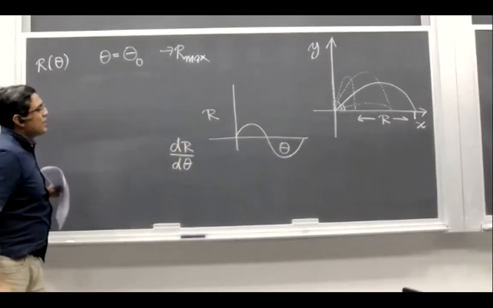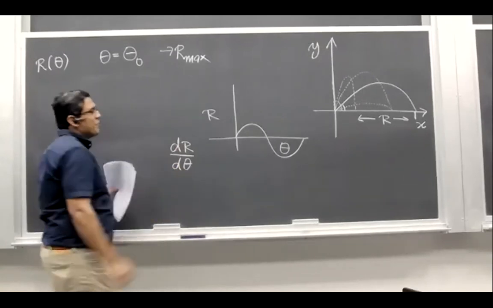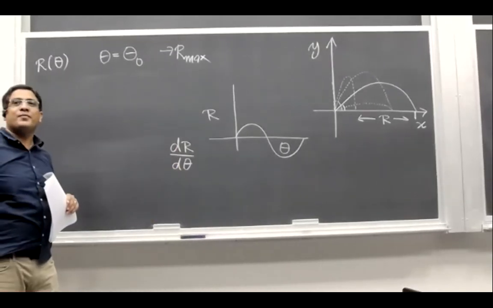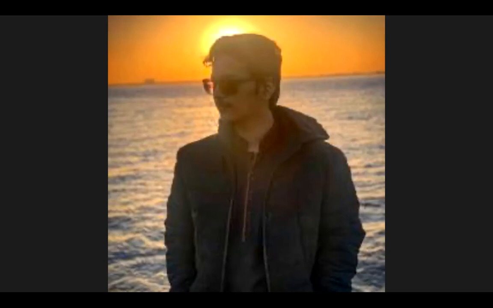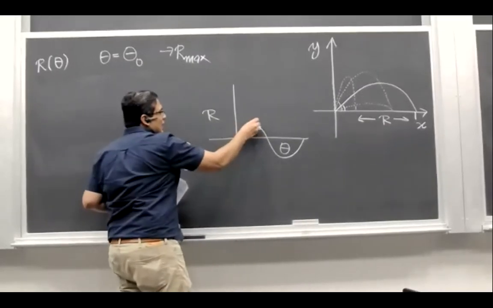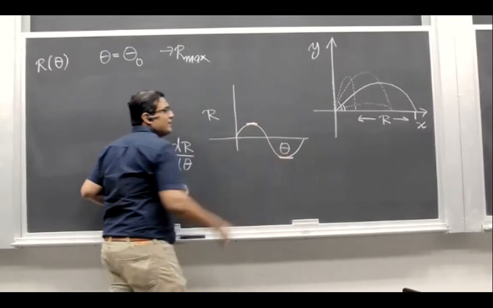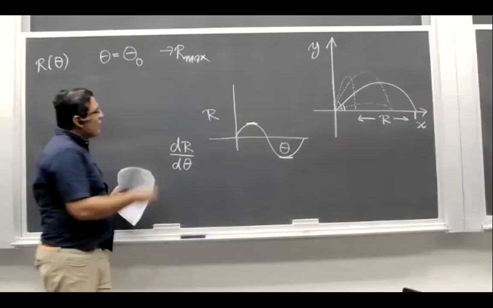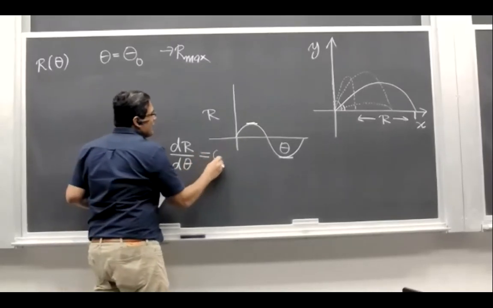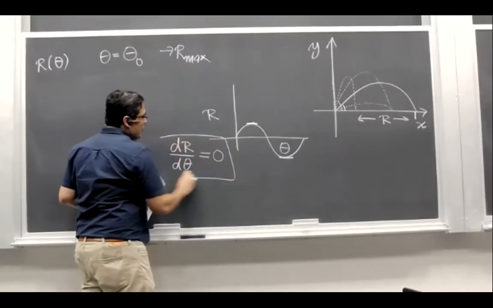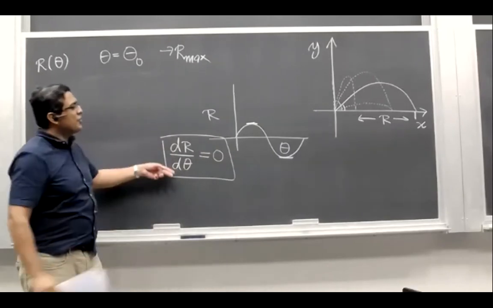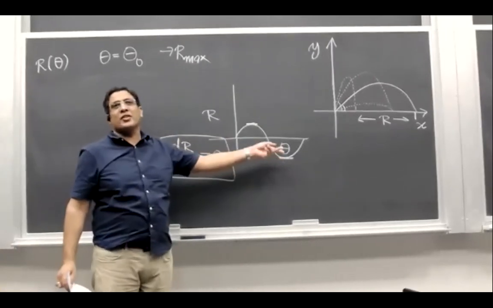All right. So if you take the derivative of R, at which point would the derivative of R with respect to theta be 0? At its maximum point. Okay. So if the first derivative of a function with respect to a variable is 0, it gives you the extrema of the function.